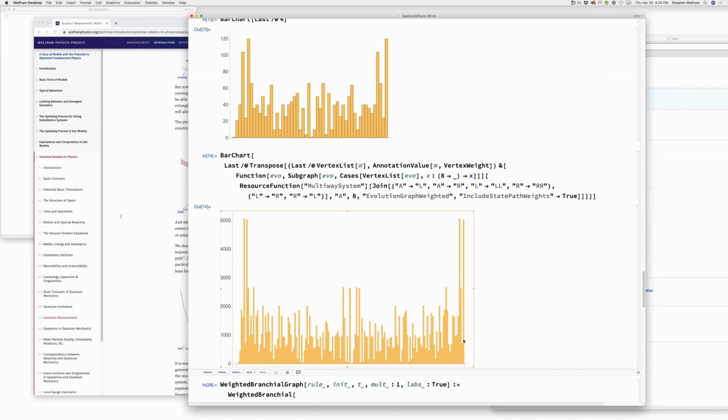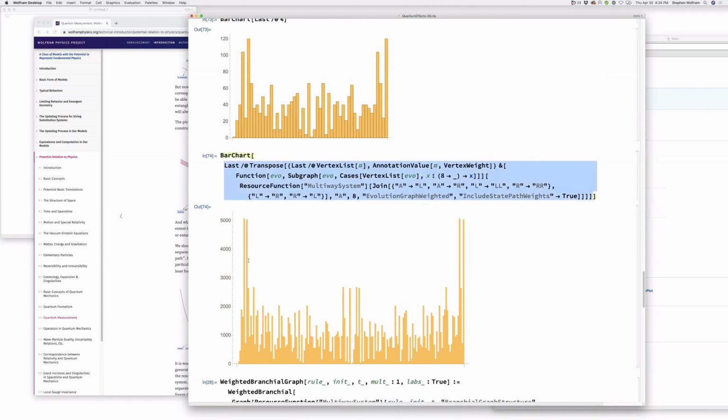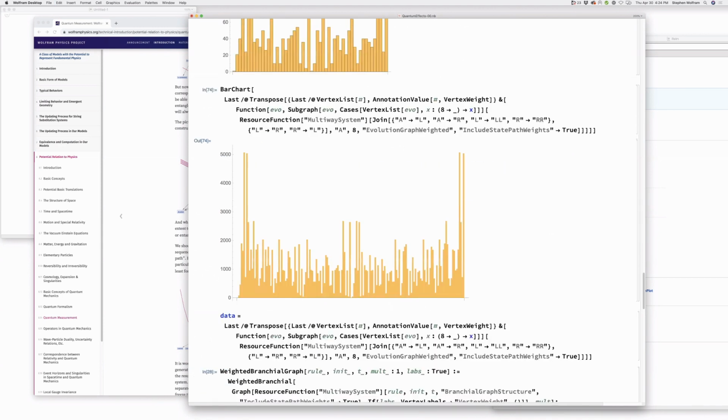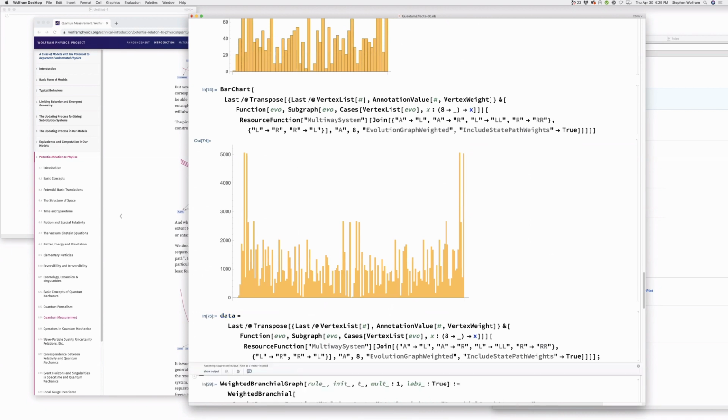But we can certainly, well, let's take some moving averages just for fun. So let's get data is this, and then let's say list line plot of moving average data comma 5, for example.